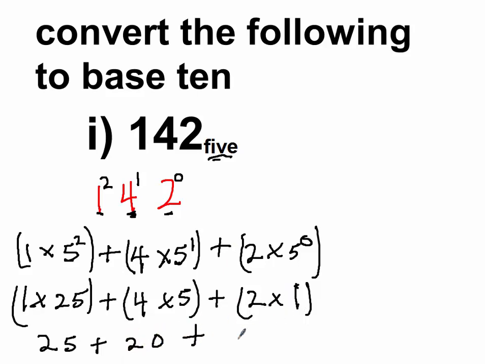Plus 2 times 1, which is 2. Good. So let's add them up. 25 plus 20 is 45, plus 2, that is 47 in base 10. So that is our answer to the question.